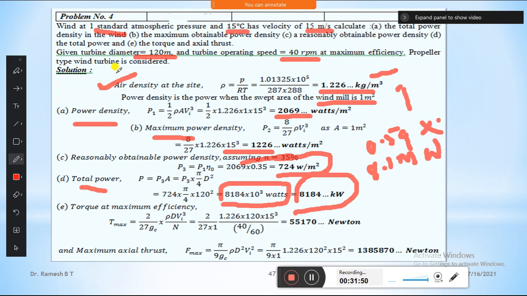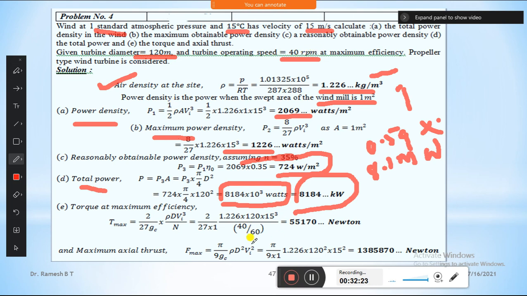Next, the last one is torque and axial thrust. We already know that the maximum torque, T maximum, is given by the equation we already derived in our previous class. T maximum is equal to 2 by 27 Gc into rho D Vi cube by n. So 2 by 27, Gc is 1, into 1.226 into 120 into 15 cube, and this n is 40 per 60, since 40 is RPM.